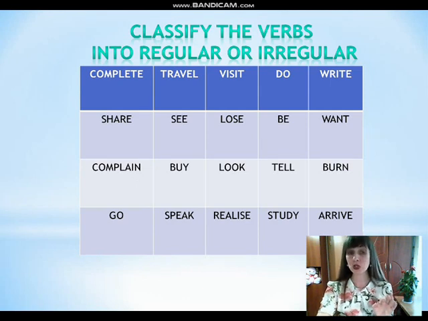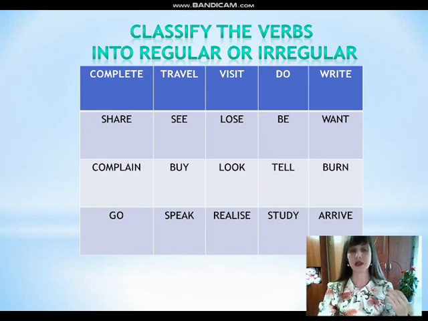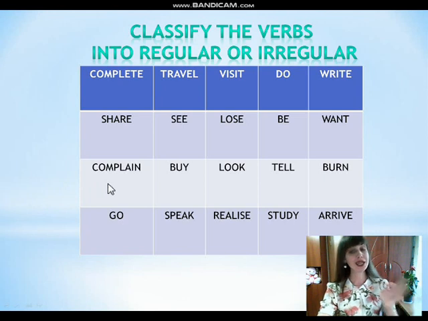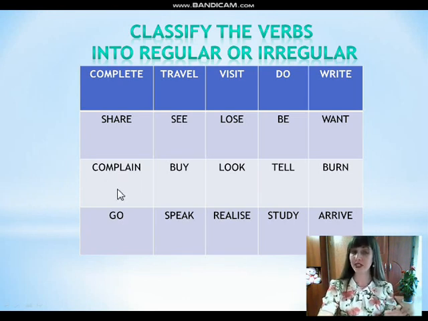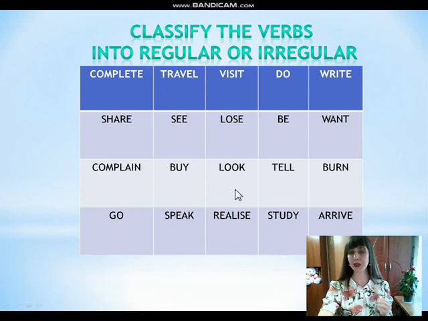But I would like to explain the meaning of this verb. Complain means to say that you are not happy about something. That is complain, okay? So complain, complained, okay? This is a regular verb.